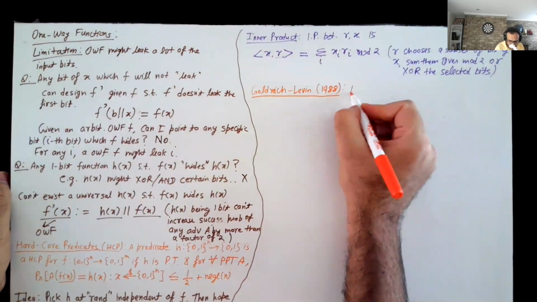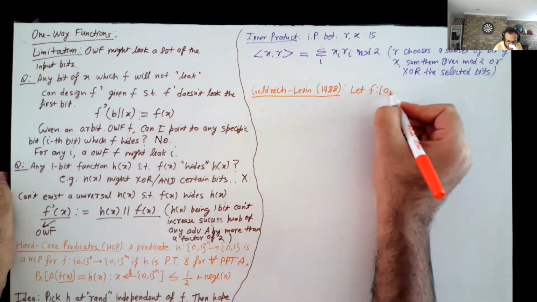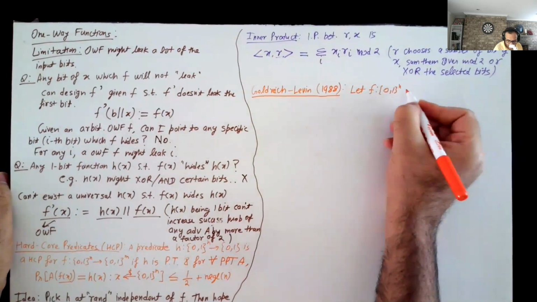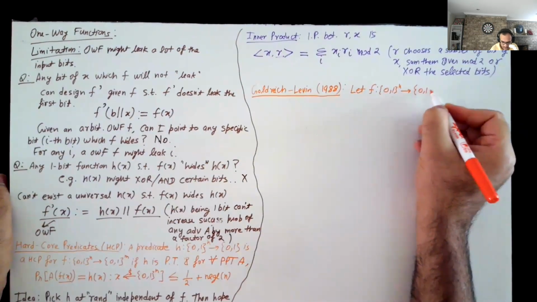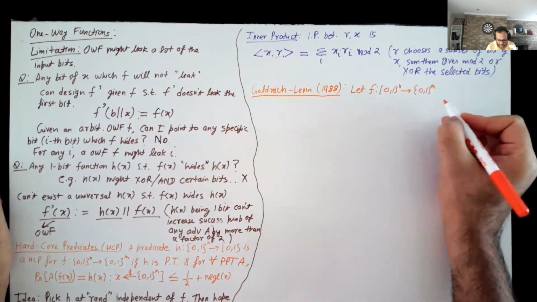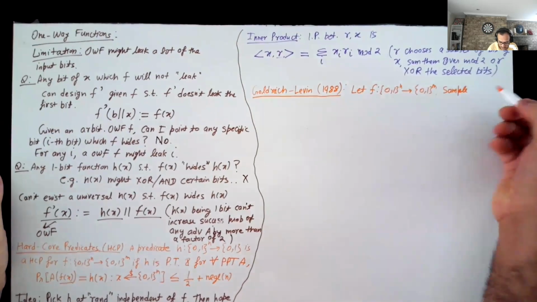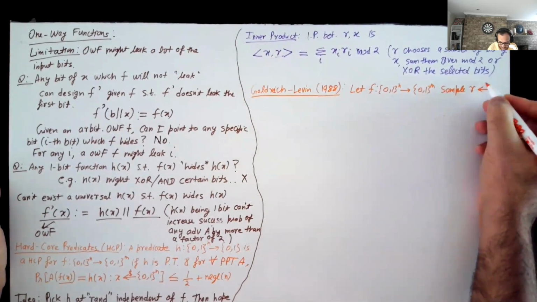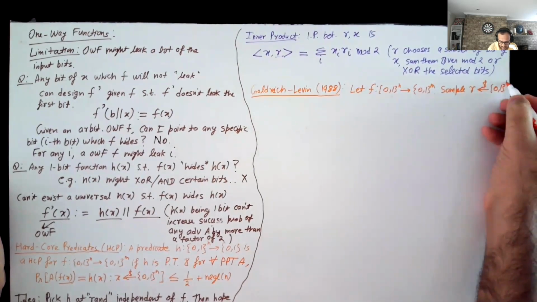You are given a function f, which goes from n bits to m bits. Now sample R uniformly from 0, 1 to the power n.